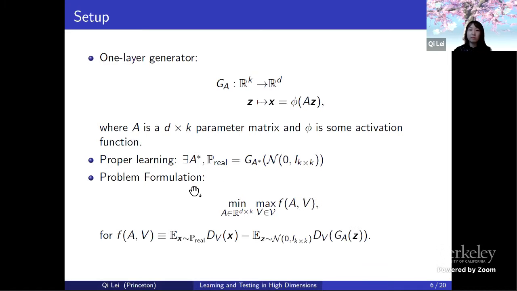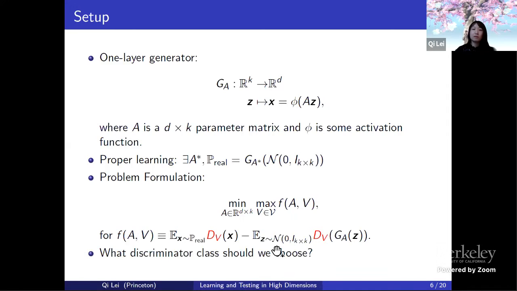And our problem formulation simply becomes this. As we said, we parameterize the generator by matrix A, and we parameterize the discriminator by a vector or a matrix B. And we are naturally playing the min-max game like this.